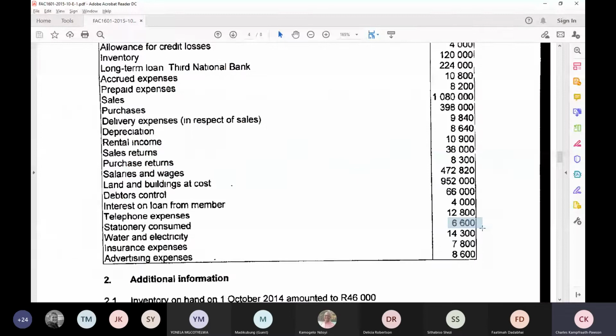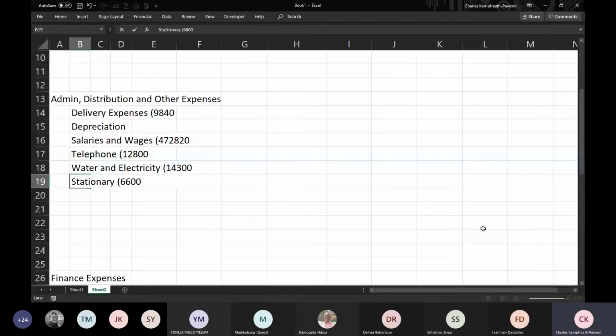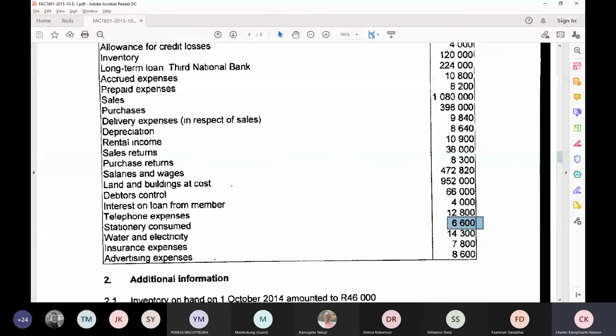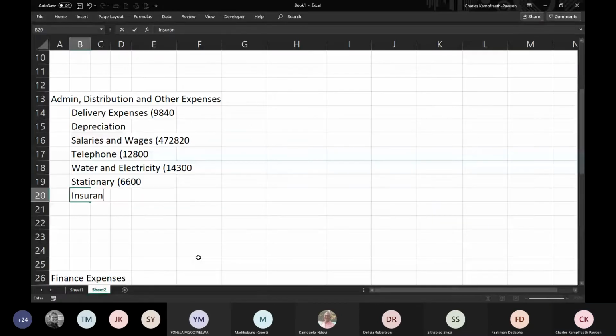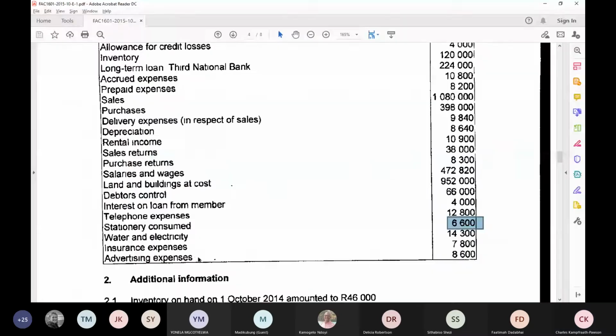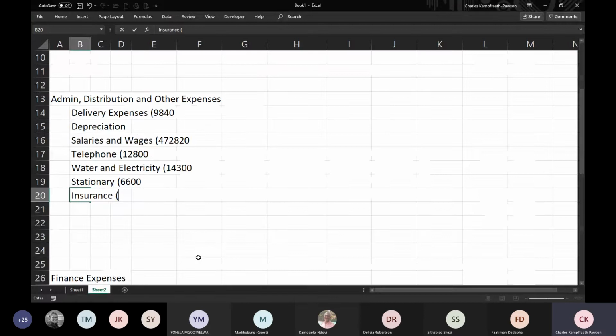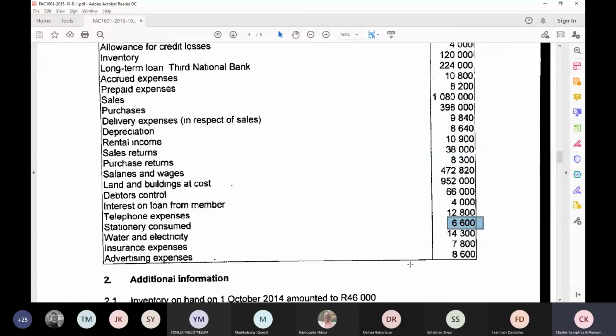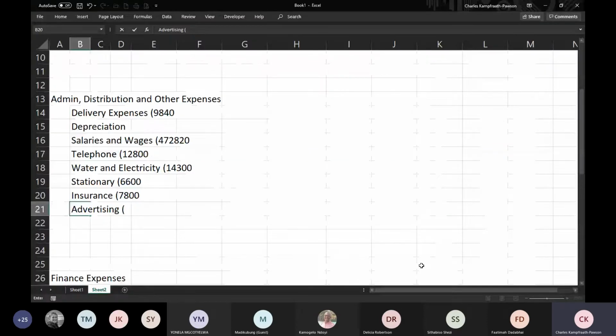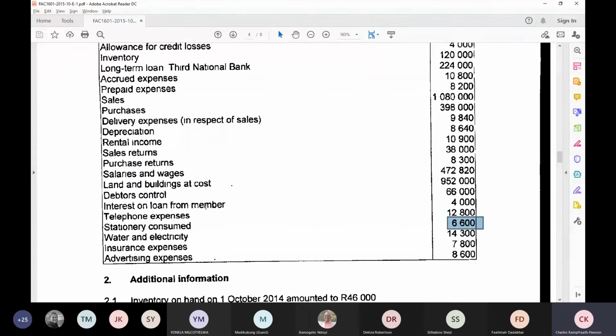Stationery is 6,600. And we have insurance and advertising. Advertising, 8,600. Okay. Now we can start with the information.